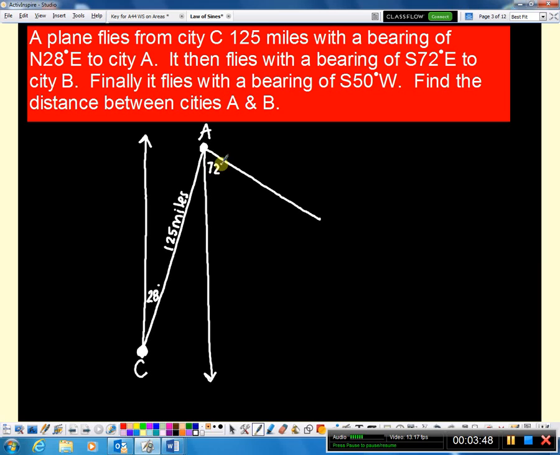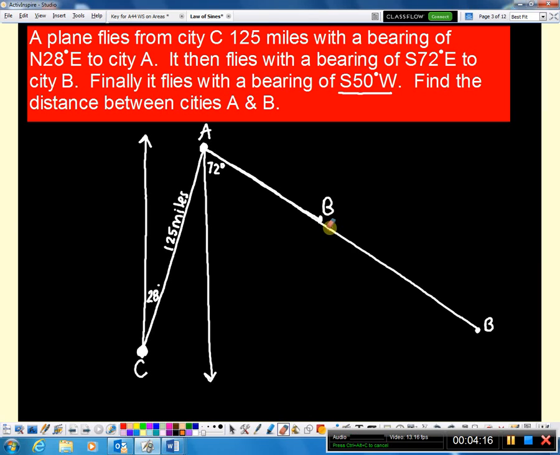Now, the problem is, do I stop and put city B here, or do I come way out here and put city B? It all depends on where B is in relation to C. I notice that it flies from B with a bearing of south 50 degrees west to return to city C.